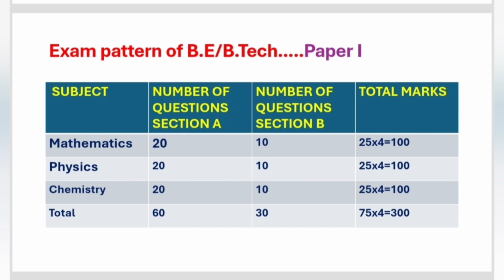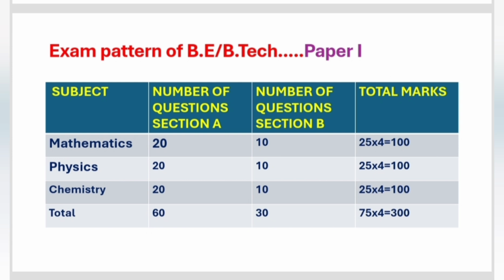First, Paper 1, BE or BTech. The subjects are mathematics, physics and chemistry. There will be two sections. Section A has 20 multiple choice questions, and Section B has numerical value based questions, 10 of them. In Section A, you have to attempt all 20 questions. In Section B, out of 10 questions, you can attempt any 5.